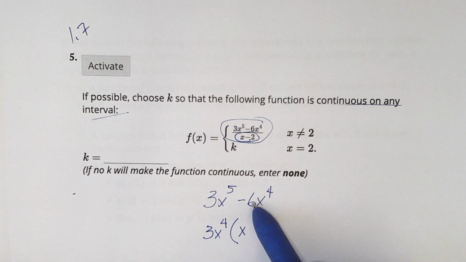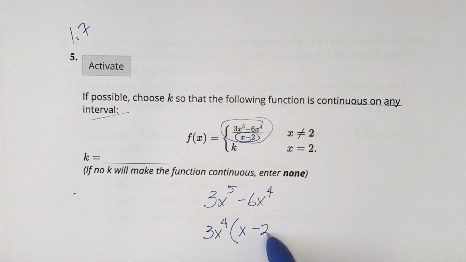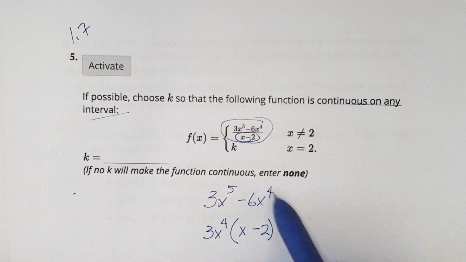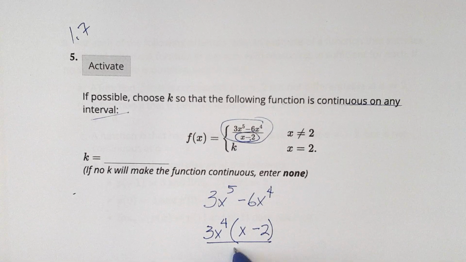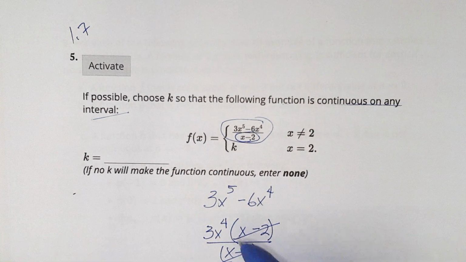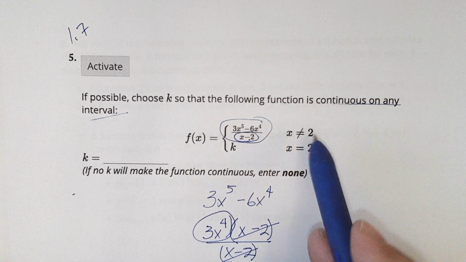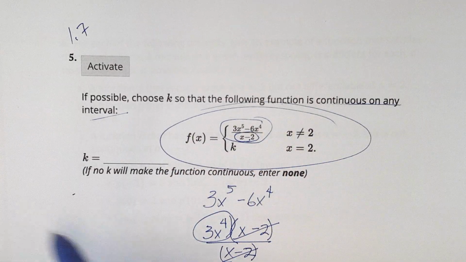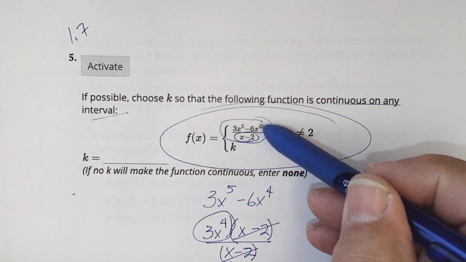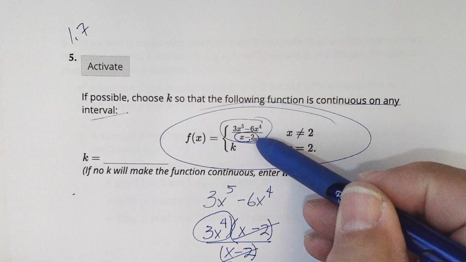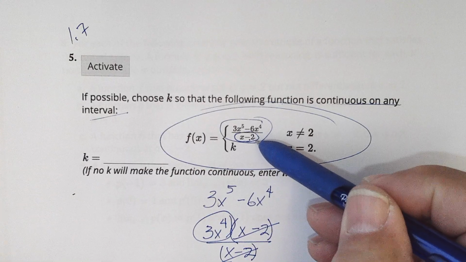And 3x to the 4th times a negative 2 would be 6x to the 4th, and that's divided by x minus 2. These cancel. So 3x to the 4th is what this thing looks like, except it's not exactly this because this has a hole in it.